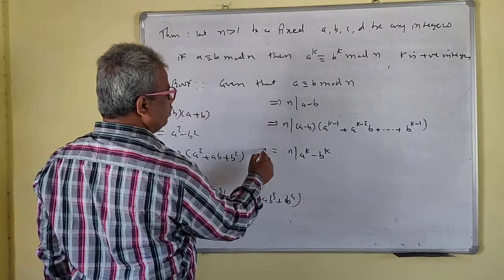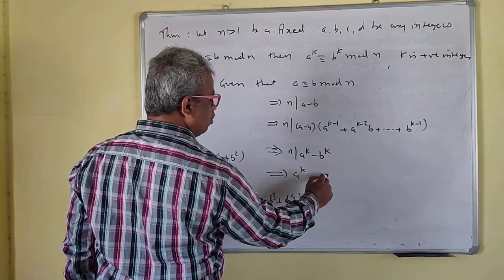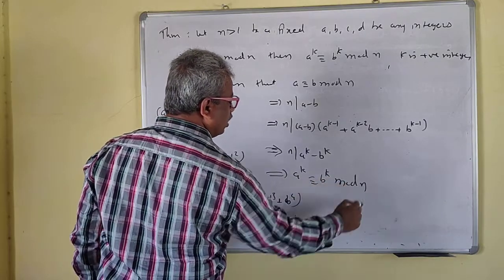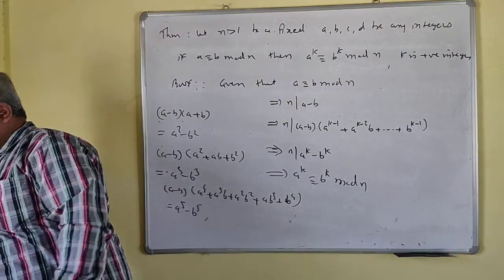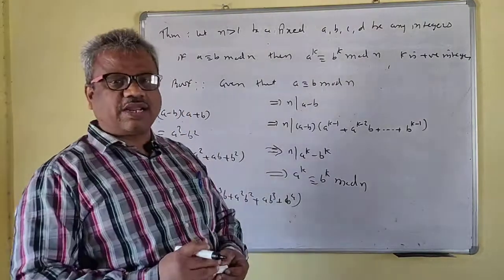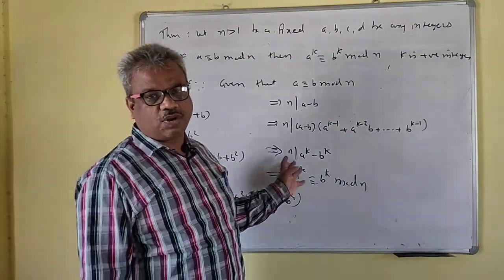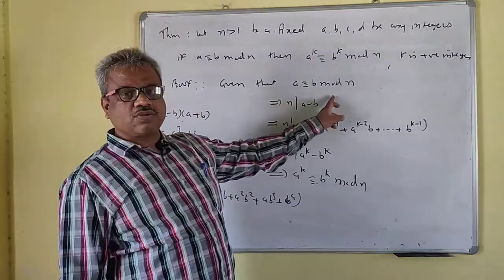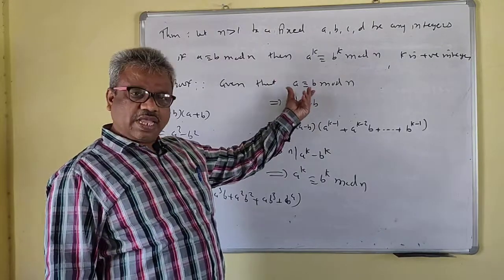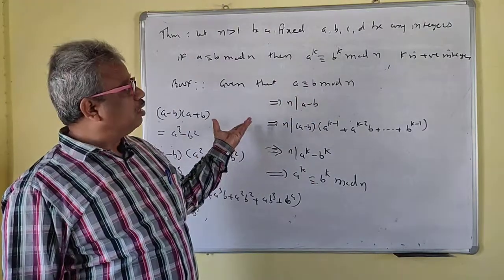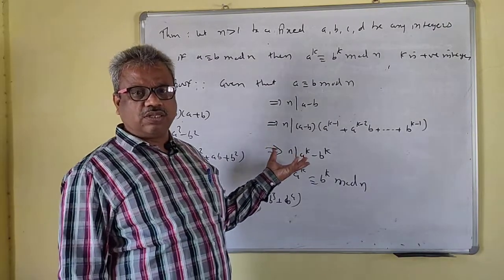So this implies that A raised to K is congruent to B raised to K modulo N. This is a basic theorem for congruence modulo N. I hope you understand the definition: A is congruent to B modulo N means N divides A minus B. Very simple, and with the help of the definition we have proved this theorem easily.